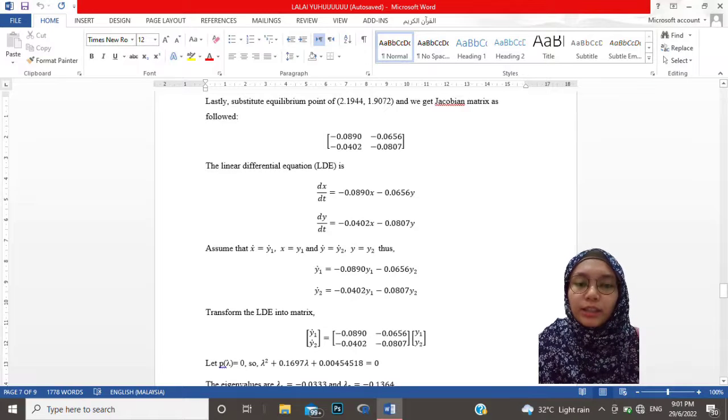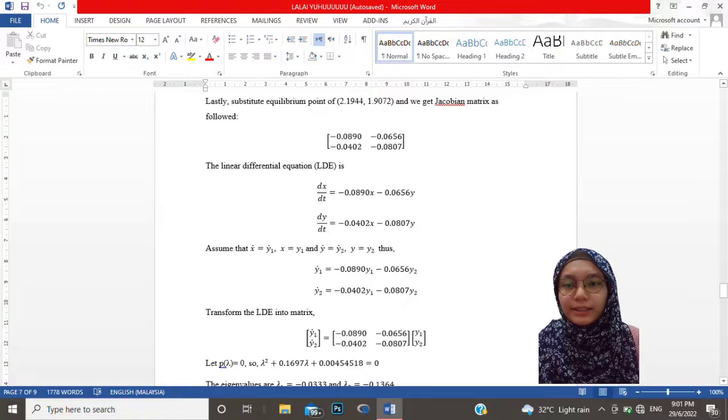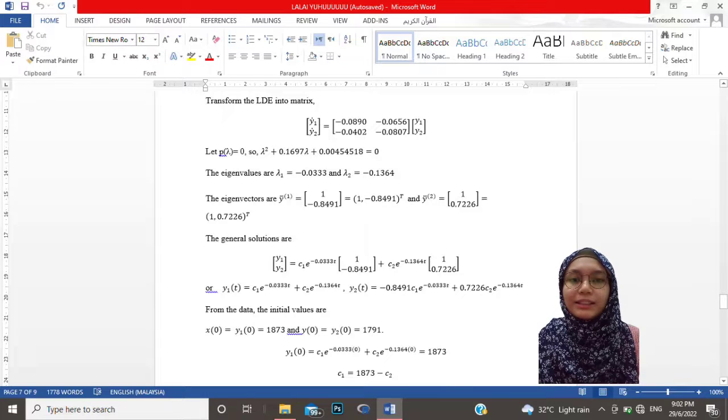Lastly, we substitute the equilibrium point of 2.1944, 1.9072, and we get the Jacobian matrix as follows, and then we get the linear differential equation. We assume that x equals y1 and y equals y2, and we transform it into a matrix, and then we find the eigenvalues, which are negative 0.0333 and negative 0.136, and then we get the eigenvectors as follows, and then we find the general solution.